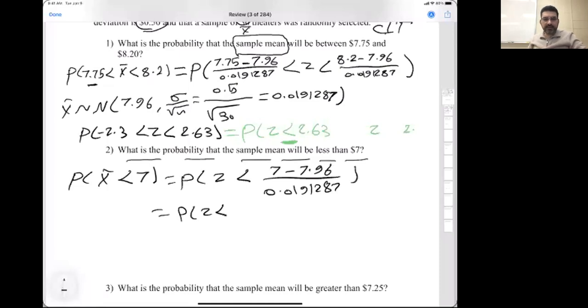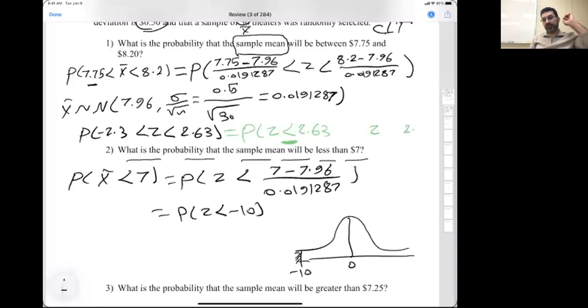So we need to find the probability that z is less than negative 10. If we draw the z distribution, with 0 in the middle, negative 10 is here, and we need the area to the left of negative 10 because it's less than. So that means you can find this area directly from the table.